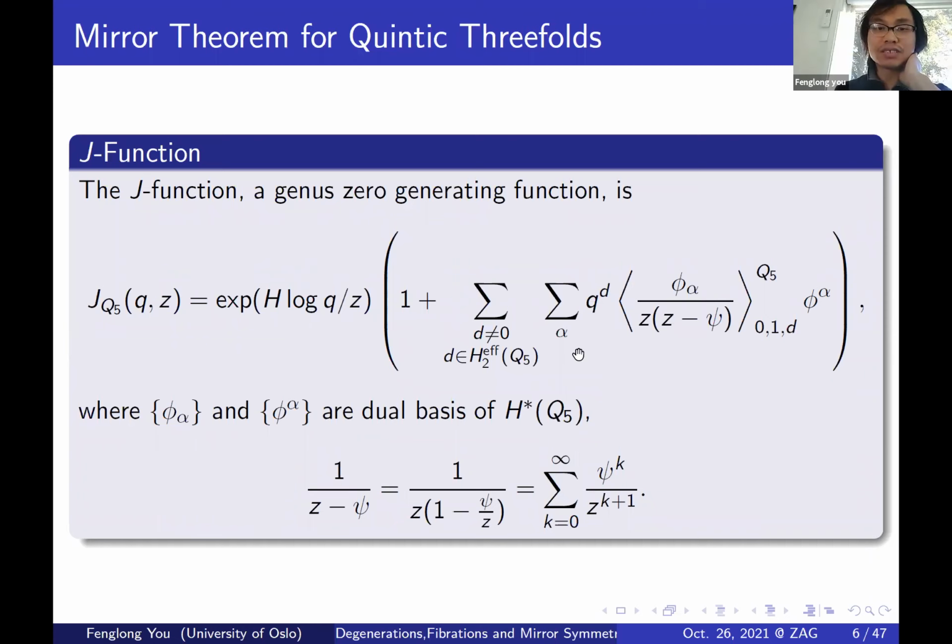this J function is a generating function of 1-point genus 0 degree D Gromov-Witten invariants, and this denominator here should be understood under this expansion as a sum of positive powers of psi descendant classes.